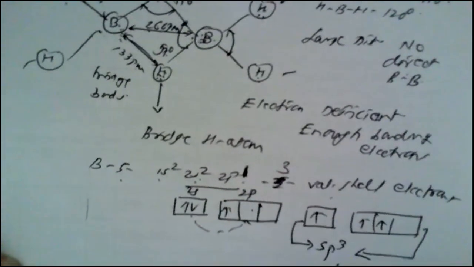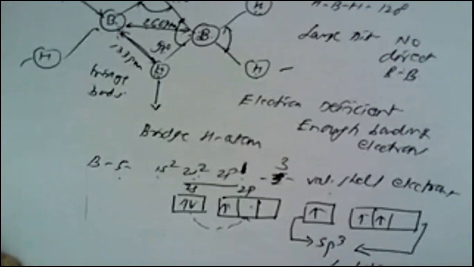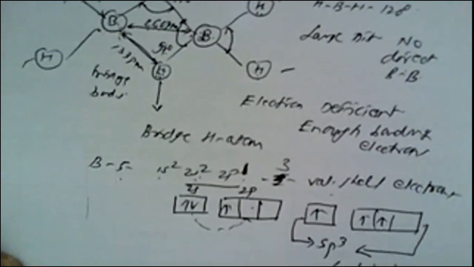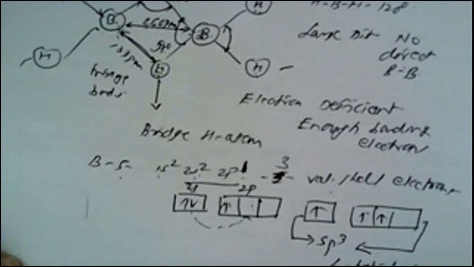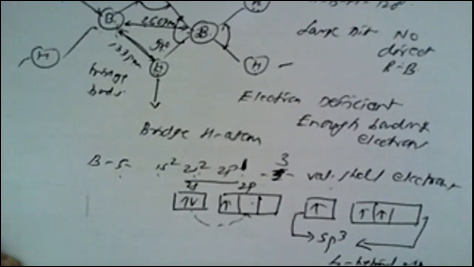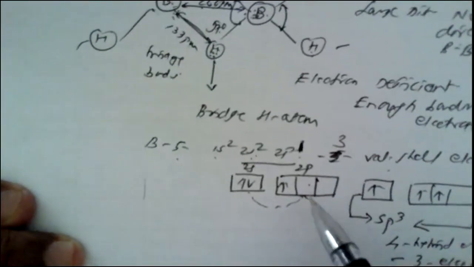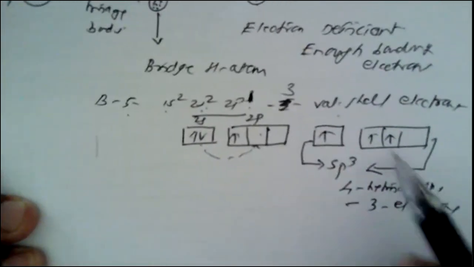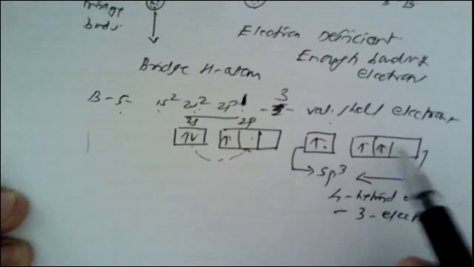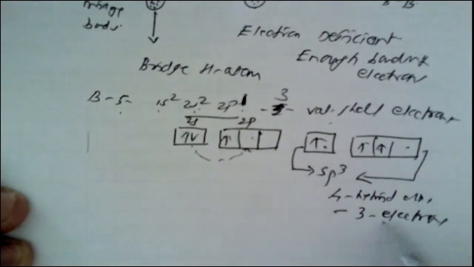So here, 4 hybrid orbitals are there, but only with 3 electrons. This is the peculiarity of this structure: in diborane, each boron undergoes sp3 hybridization. 4 hybrid orbitals are there, 1, 2, 3 and 4, but only with 3 electrons.